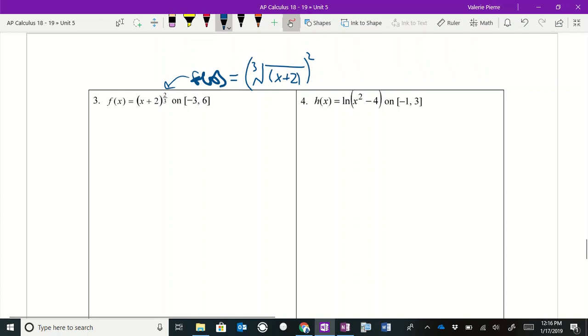And since this is only taking the cubed root, that means that every x value can work, which means it's continuous on any interval. So EVT can be applied to this function.